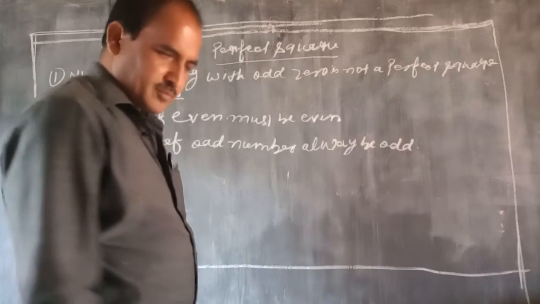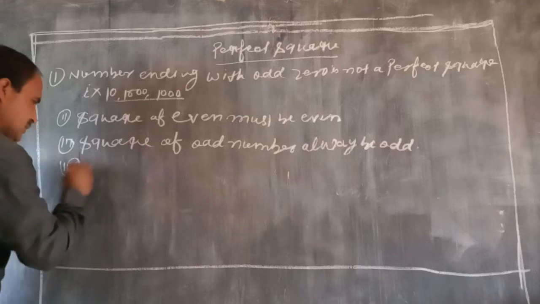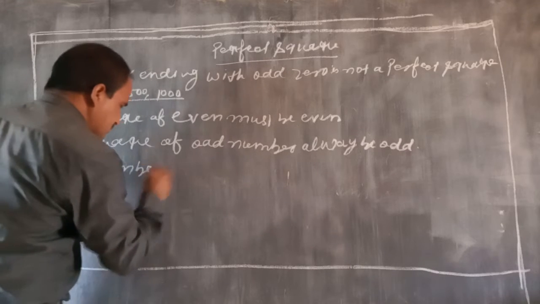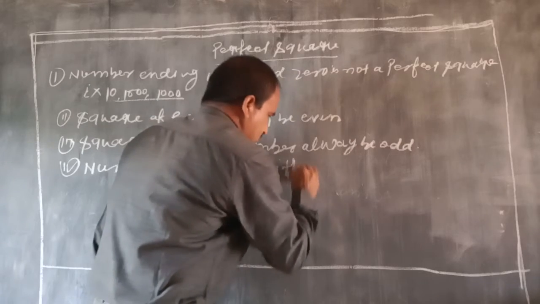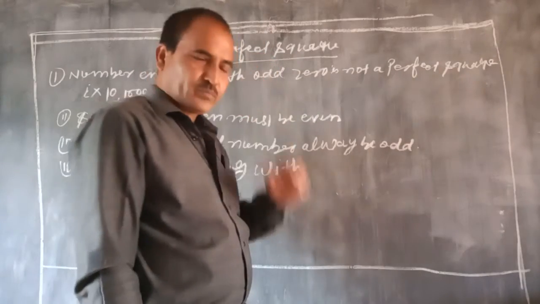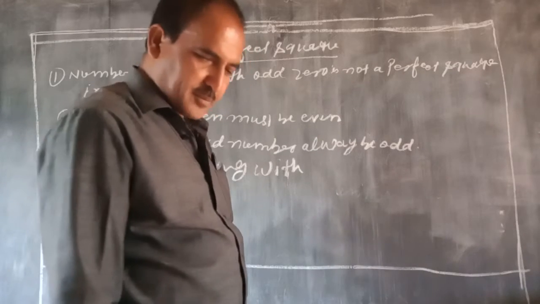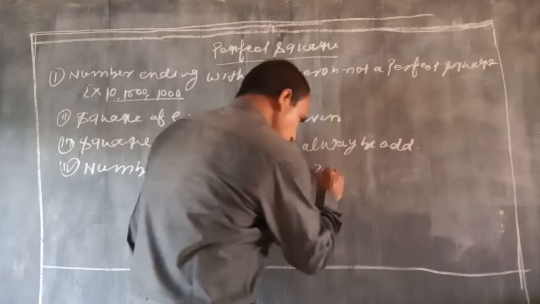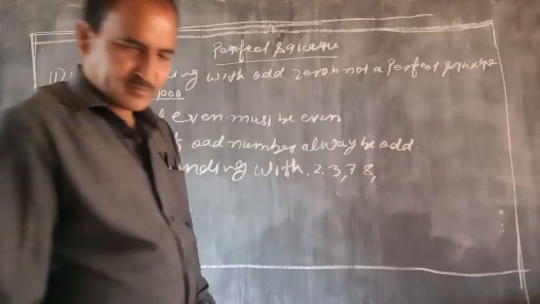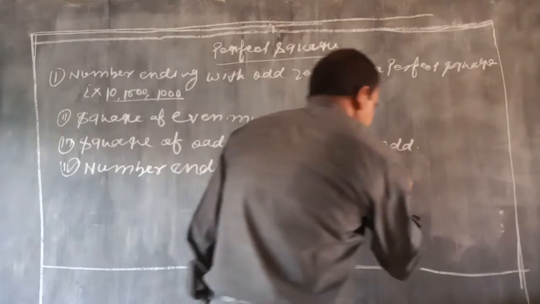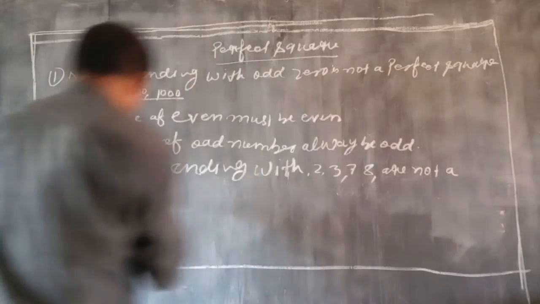Next, a number ending with 2, 3, 7 or 8 is not a perfect square.